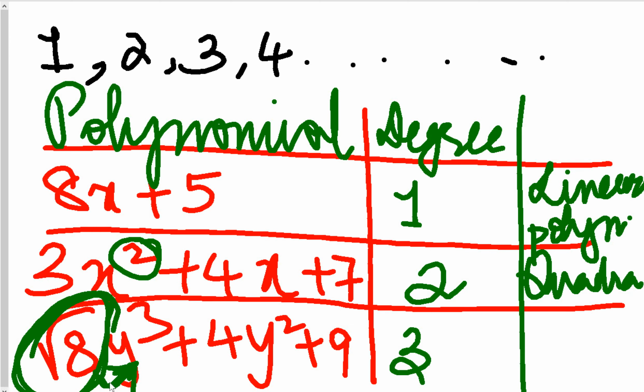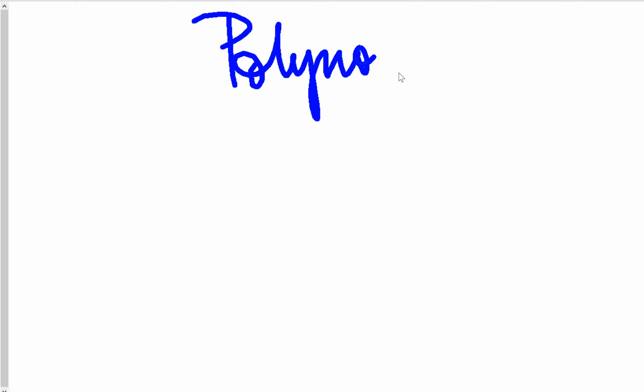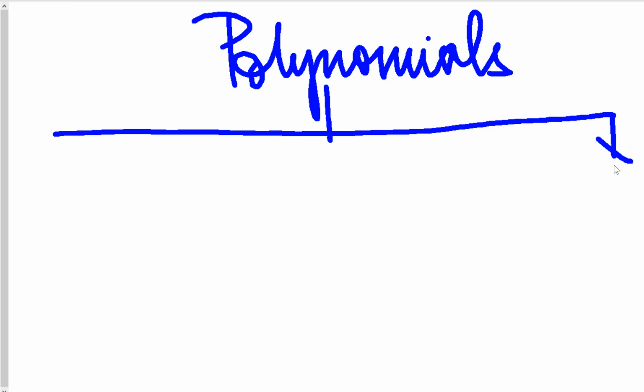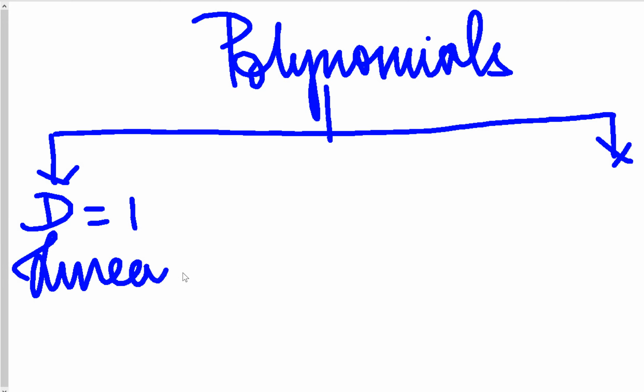Let me go to the other slide. Polynomials, I'm writing the classification here. If degree equal to 1, then we call it a linear polynomial.